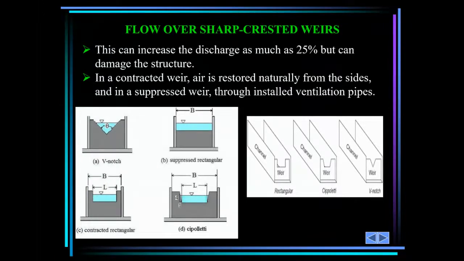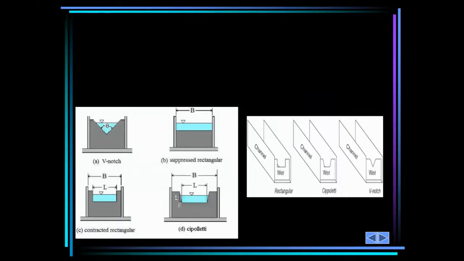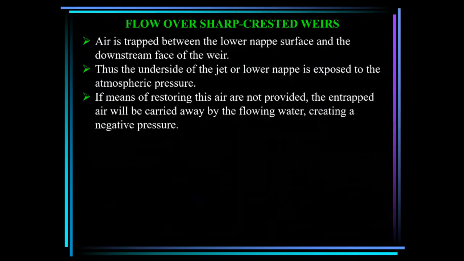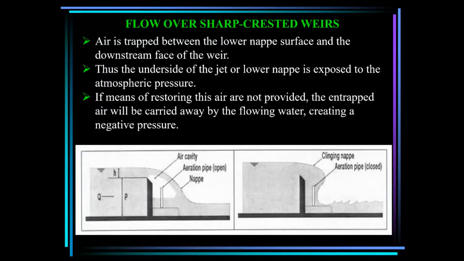So we are explaining flow over a sharp crested weir, and we need to ensure air is supplied, using an aeration pipe, or if we are using a contracted weir, it will be naturally ensured, as air is flowing on the side.